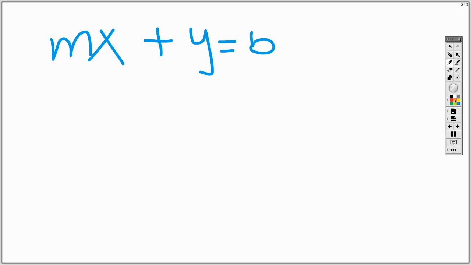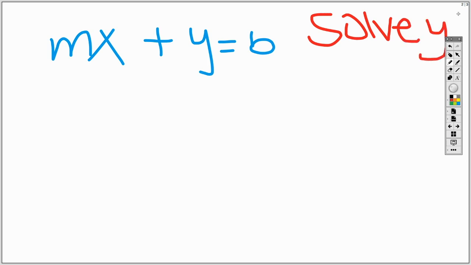But what if we want to solve for how many small books they read, because the teacher wants to see how many small books the student read. So we have mx plus y equals b, and we're solving for y.